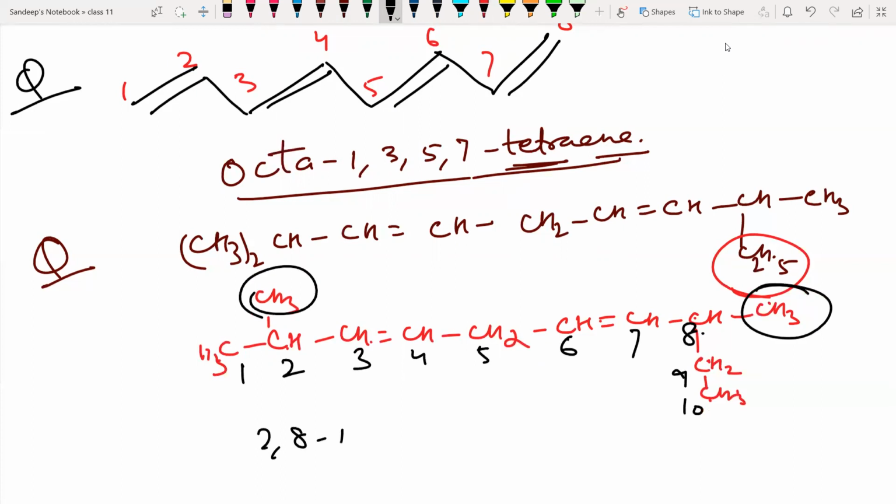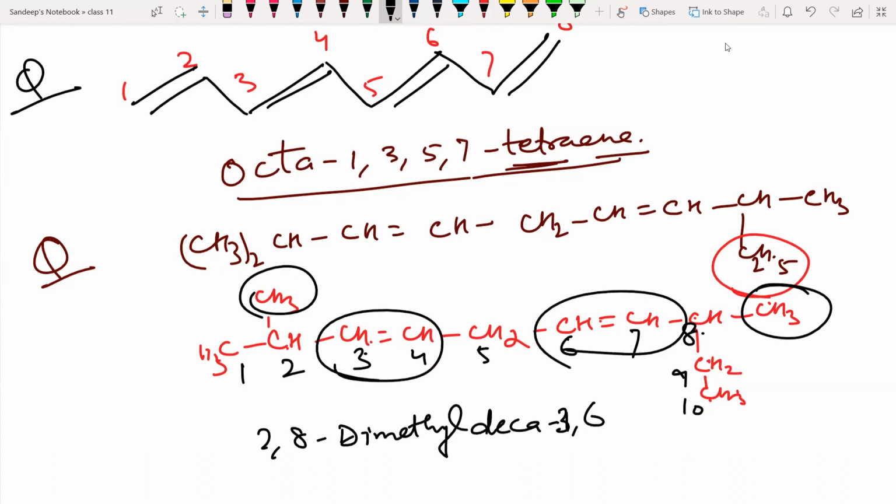So 2,8-dimethyl. Now it is decane, so it is deca-3,6-diene. Here 3 is a double bond and 6 is a double bond. So this is the IUPAC name, student.